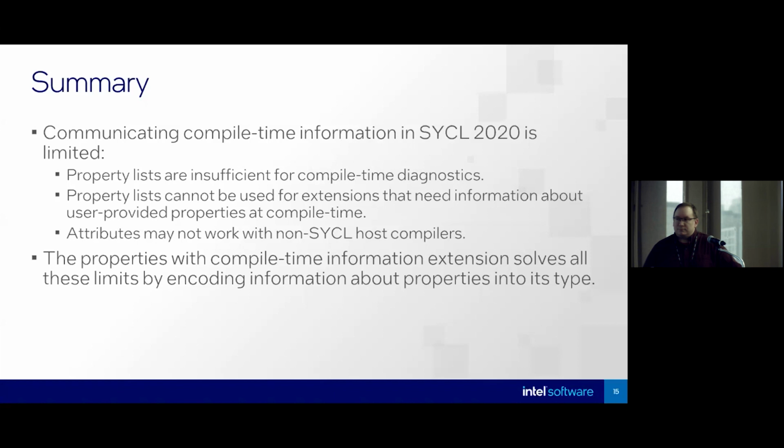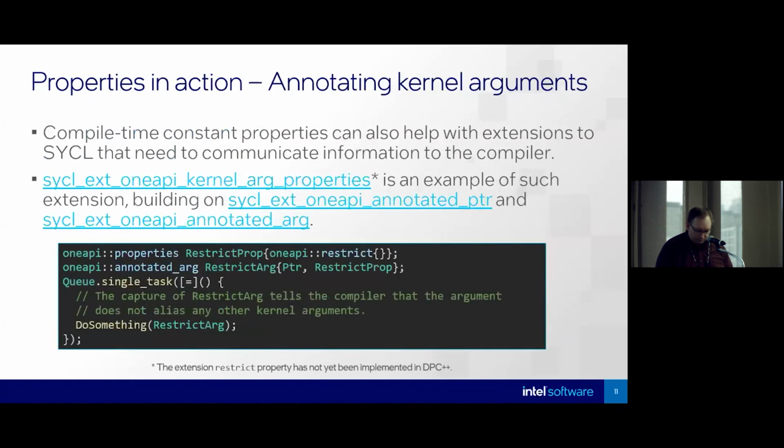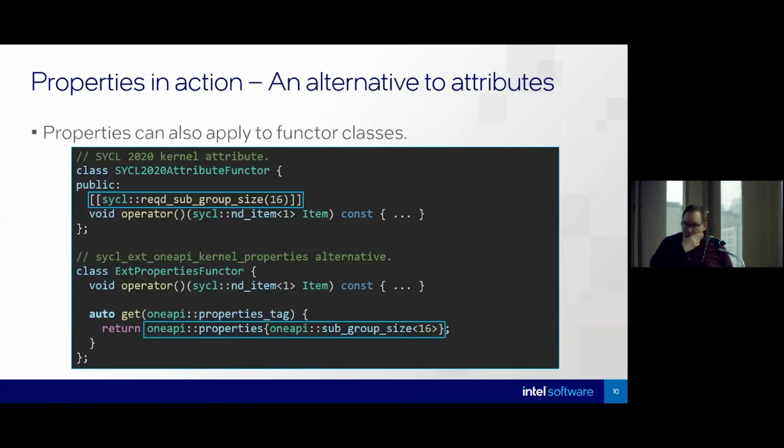So when you showed how to replace attributes with property lists, you showed how to use this functor to attach the property list to the kernel in the same way that currently an attribute is attached to the kernel. Doesn't this indicate that for the attribute use case, what you'd actually want is to communicate the property list via a wrapper type?